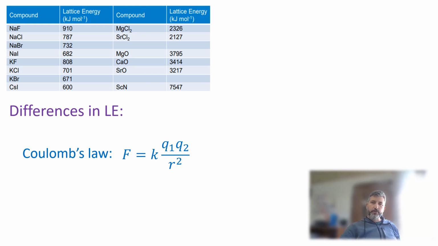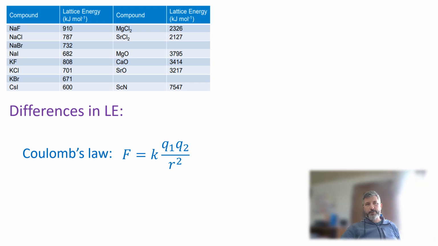Coulomb's law basically says that the force between two particles, in this case charged positive and negative ions, is equal to K, which just represents a constant. We don't really need to worry about that because we're not going to be actually calculating lattice energies right now. But force is equal to this constant times Q1 and Q2, which refer to the magnitude of the charges of the ions.